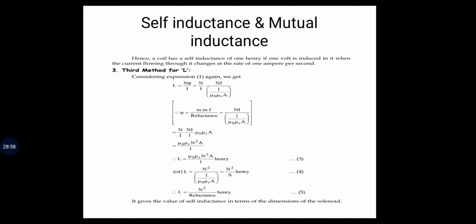Here l by mu naught mu r A is referred to as S. Then L equal to N square by S. Here S is called reluctance.